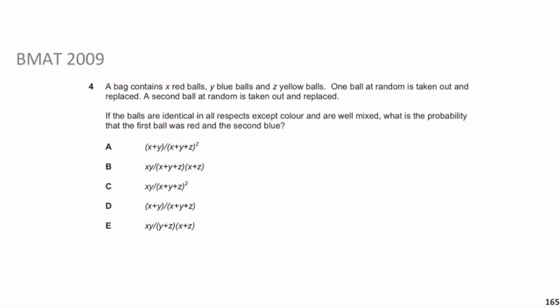Okay, guys, so we want to work out the probability that the first was a red and the second was a blue. So the probability the first was a red is going to be X red, so how many red balls there are over the number of balls in total. So X, Y, and Z. And you want the second one to be blue, right? So remember, the ball was replaced after the first go.